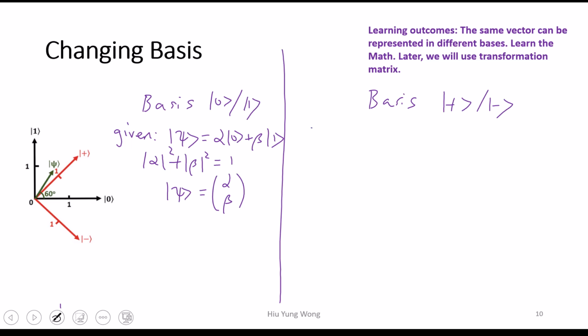First of all, I want to give you, given, that 0 is actually 1 over square root 2 times plus plus minus, and 1 is 1 over square root 2 times plus minus minus. This is given, but you can derive it just by looking at this 2D plane, right? Because 0 is here. 1 unit of 0 equals 1 over square root 2 of plus plus 1 over square root 2 of minus, because they are all vectors.